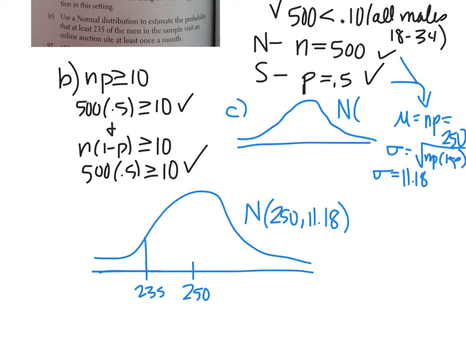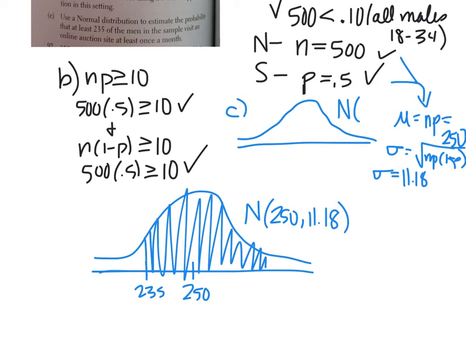And at least means 235 or more. So I'm going to go ahead and shade all of the area to the right. And then I'm going to need to use either normal CDF on the calculator, or I need to use the Statlet to actually find this area.